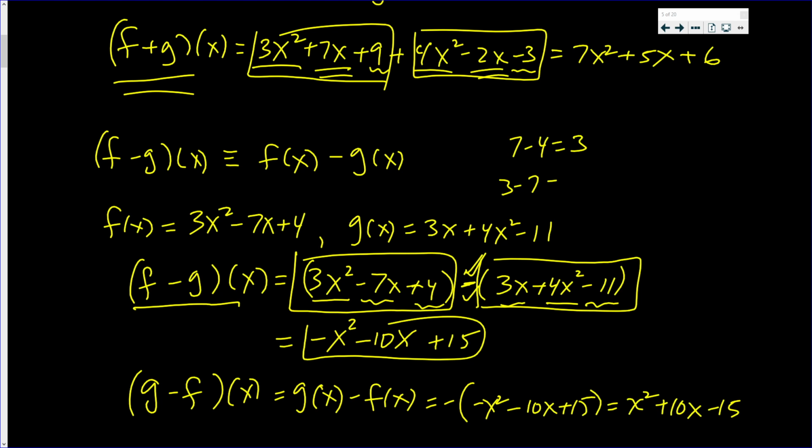If you do 3 minus 7, you don't get 3, you get negative 3. You got negative that answer. And that's what I did. I took that answer and I took negative that answer. That gave me what g minus f was, knowing that f minus g was right in front of me.